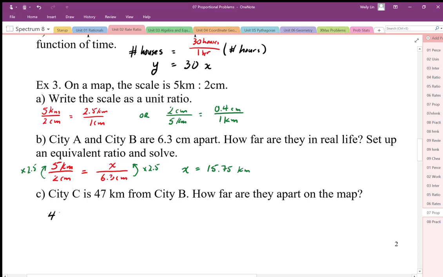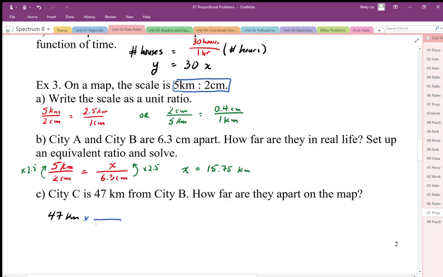So I'm going to start with 47 kilometers, and then I have my map's ratio, my rate. This is my rate. I can use that rate as a multiplier if I know how to set up the ratio. Okay, I need to make sure I know which is on top, which is on bottom.